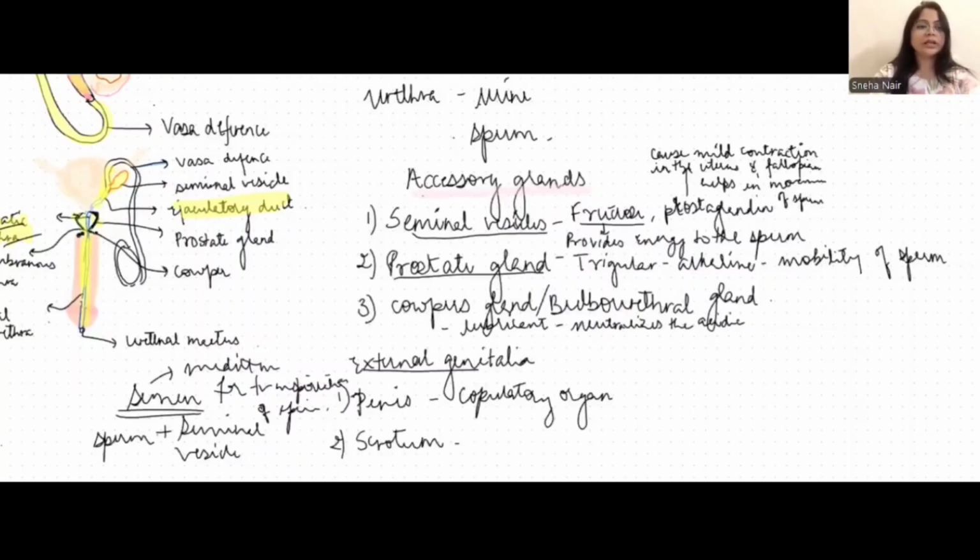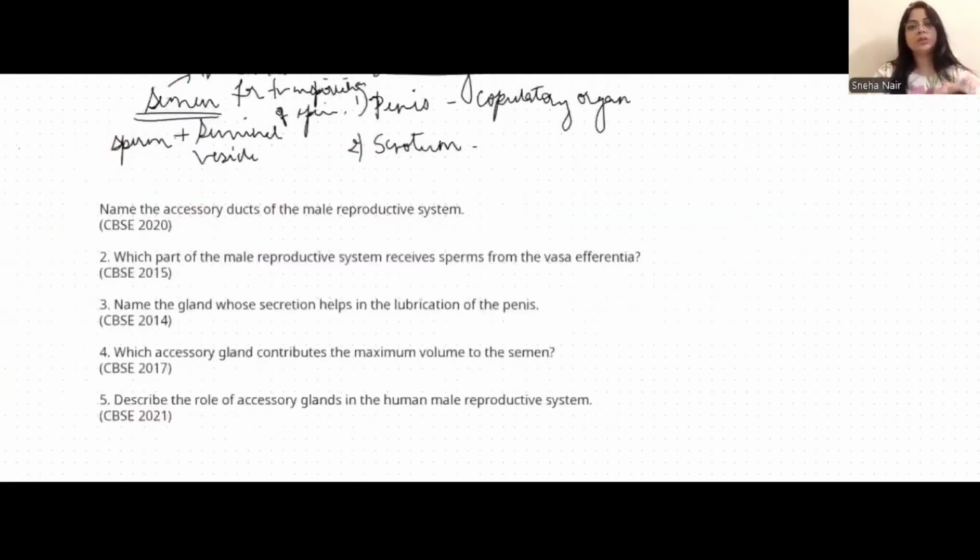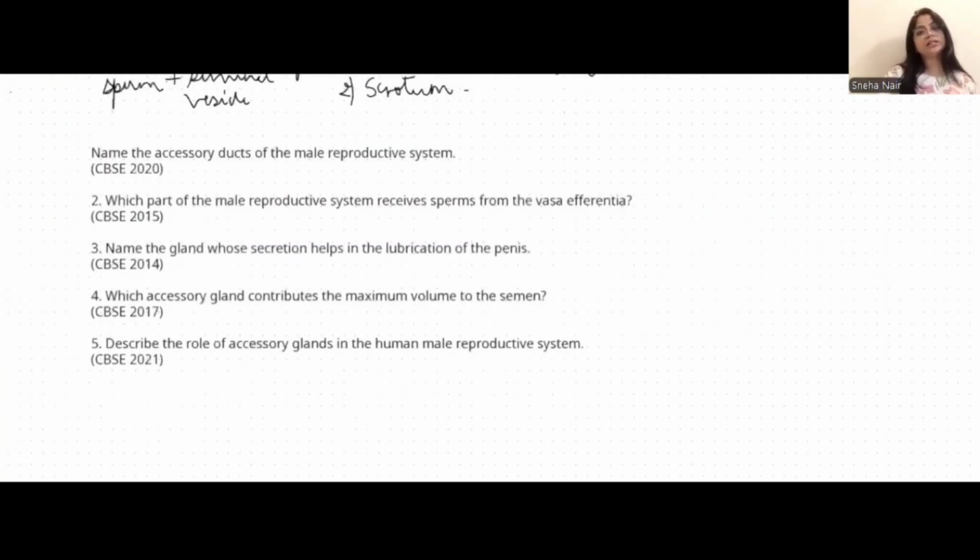Let us quickly see what kind of questions have been asked from this topic. So number one, name the accessory ducts of the male reproductive system. So now I hope you know the answer. The accessory ducts that we have are tubuli recti, rete testis, then vasa efferentia, then epididymis, vas deferens, ejaculatory duct, and urethra.